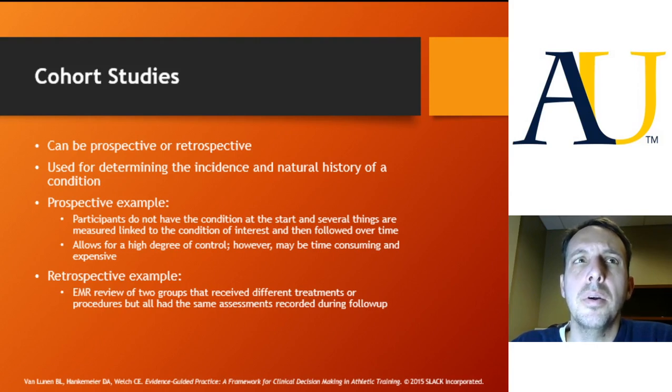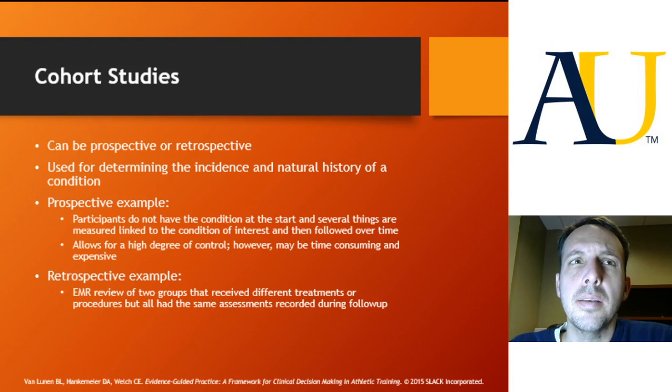The nice thing about the prospective cohort study is you do have a decent amount of control as far as understanding what's going through and following them over time. But the biggest problem with trying to figure out risk factors using a prospective cohort study is that it takes a lot of time to test a whole bunch of individuals with only a handful probably leading to the condition.